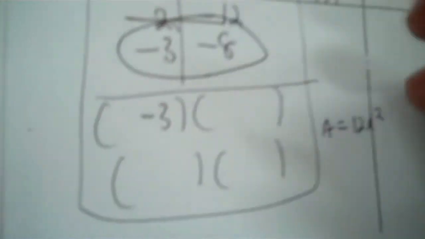So I put a minus 3, a minus 8. So I'm going to put 12, x, x. Now you don't keep them there, because 12 times 12 is not 12, and also negative 3 times negative 8 is not 2. It will be if you do it right.